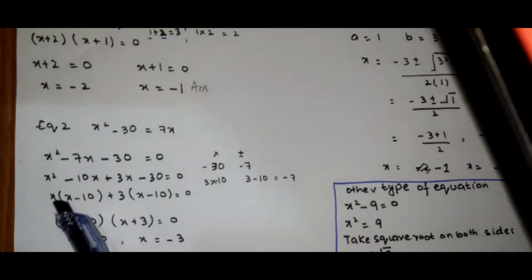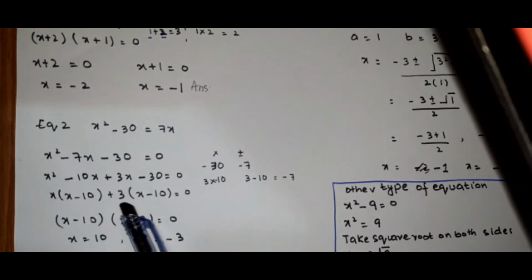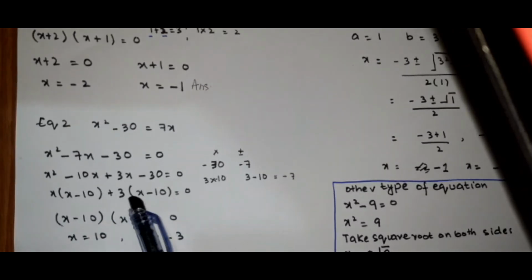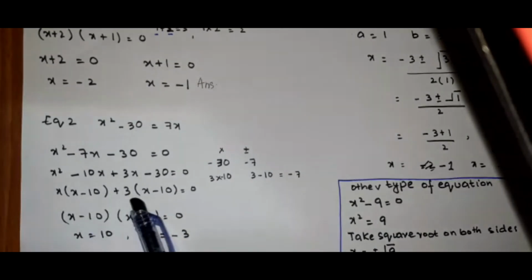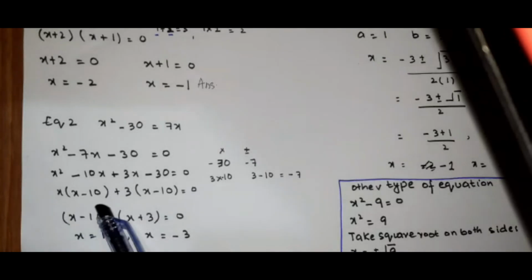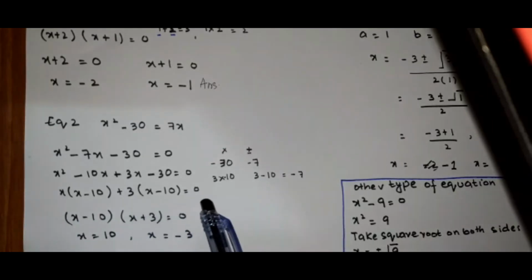Now we will take x common from the first two terms to give us x bracket x minus 10, and we will take 3 common from our next two terms to give us the same square bracket as we have formed before. So now it becomes x bracket x minus 10 plus 3 bracket x minus 10 is equal to 0.